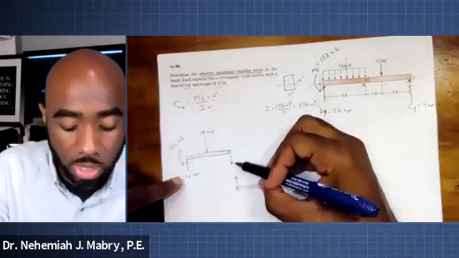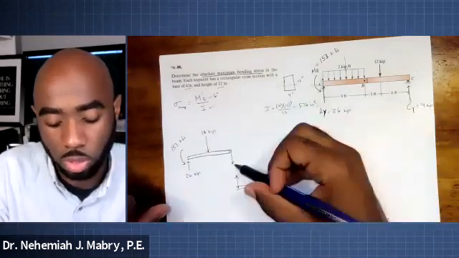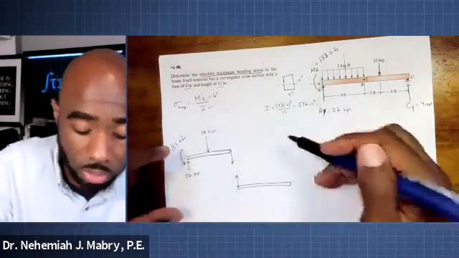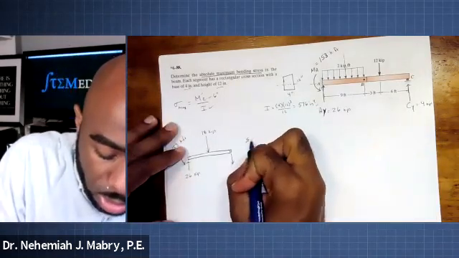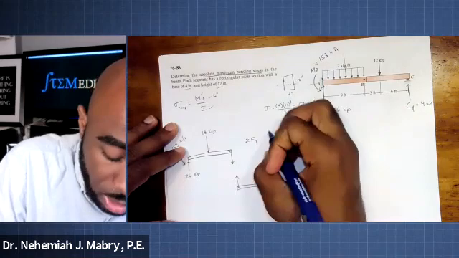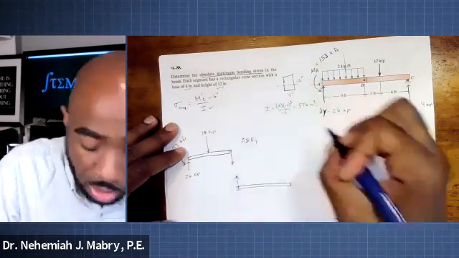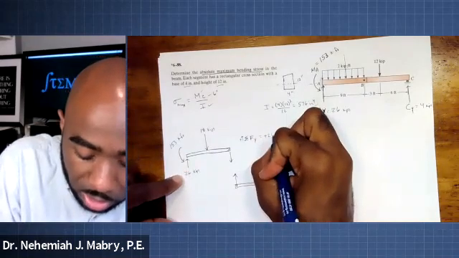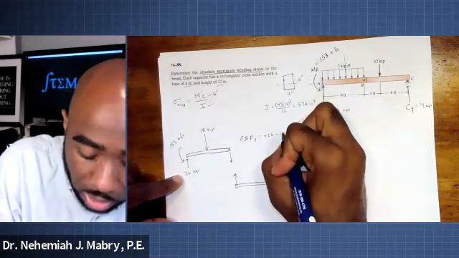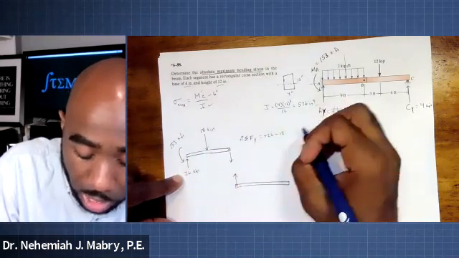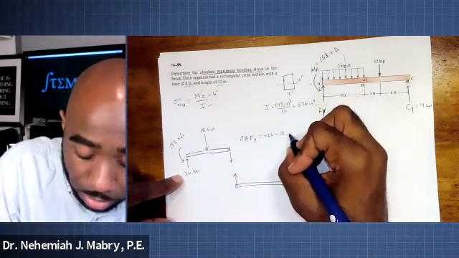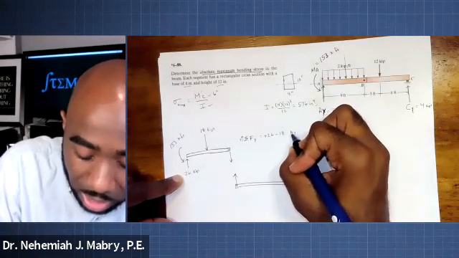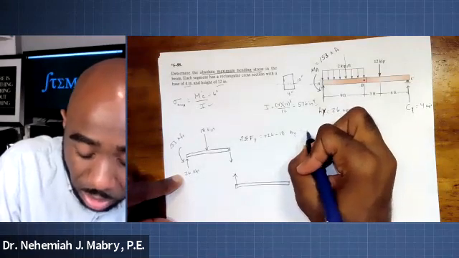Now, how do we determine what vertical force is going to be right here? We can just look at the forces in the y direction for this portion. If we sum the forces in the y direction, up is positive as it always is, we would have positive 26, negative 18, and let's call this hinge force Hy, equals 0.